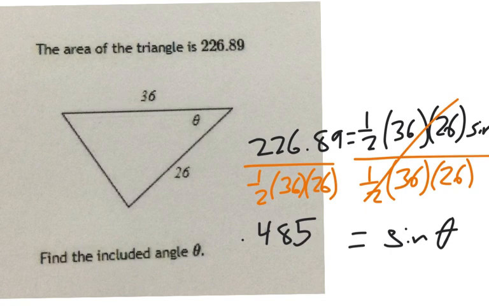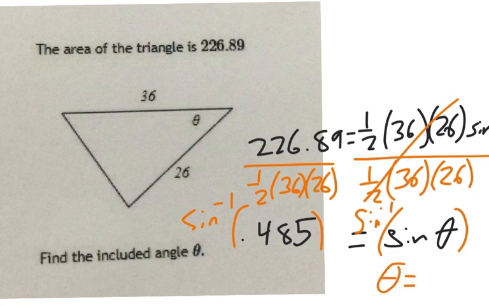But theta is not by itself because we're taking the sine of theta. The way I can get rid of a sine is an inverse sine. So I take the inverse sine of this number, using second sine, and I found that theta must equal 28.9998, which rounds to 29 degrees.